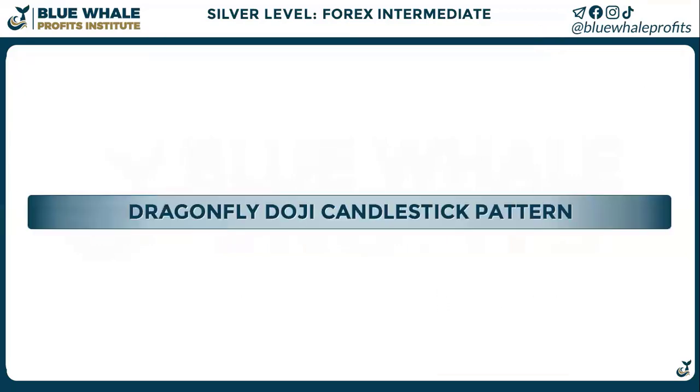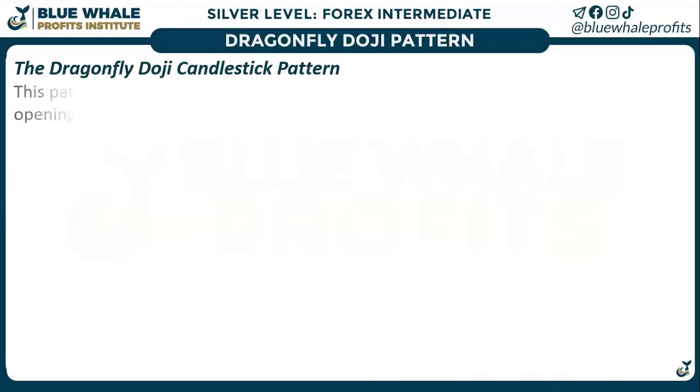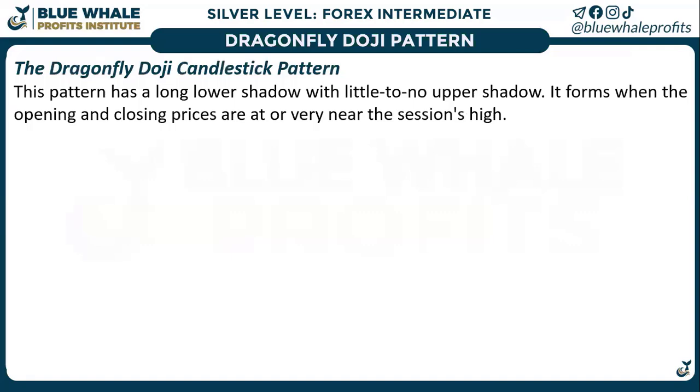So, dragonfly candlestick patterns. The dragonfly pattern has a long lower shadow with little to no upper shadow, which simply means that there might not be any upper wick. It forms when the opening and closing price are very near to the session's high.